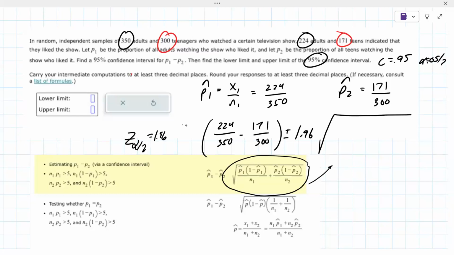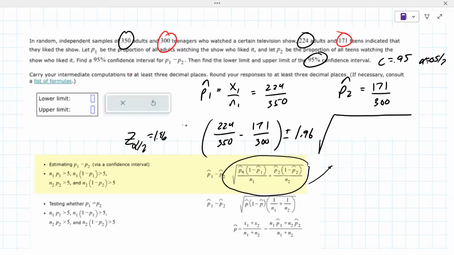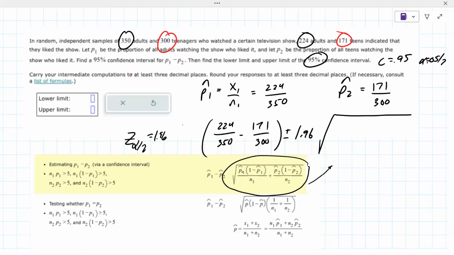It's a little cumbersome to write because it's a lot of fractions, but you have P1 and N1, which is 350, and P2 and N2. So it's just a matter of putting this into a formula. Let me do that here really quick to save you the headache.